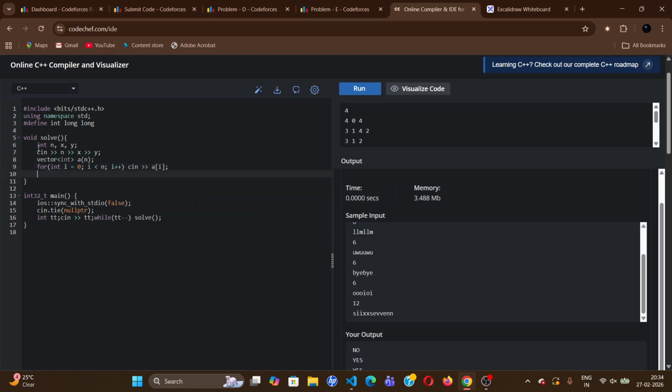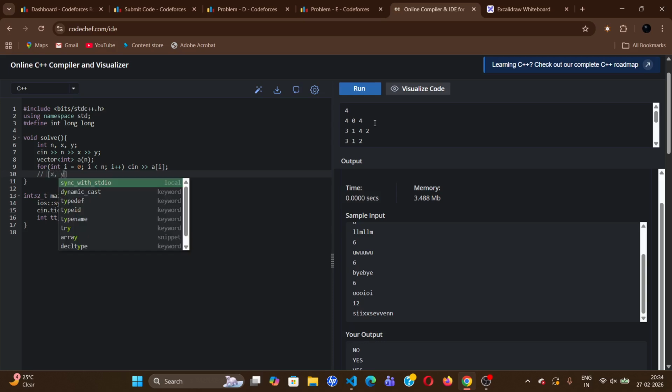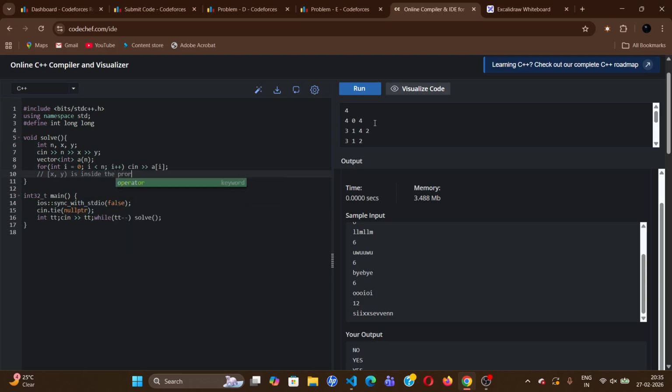Now it can be 0 to n. Okay, so it will start from the range from x to y that is inside the portals.